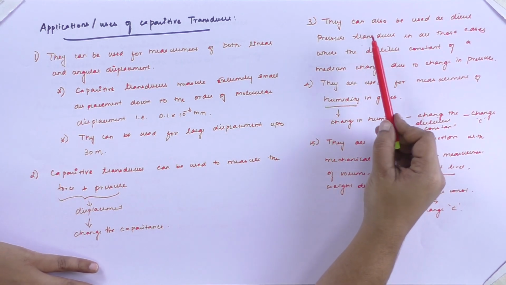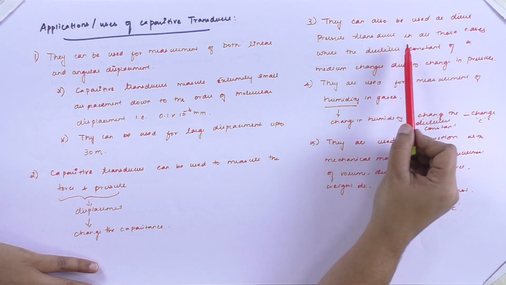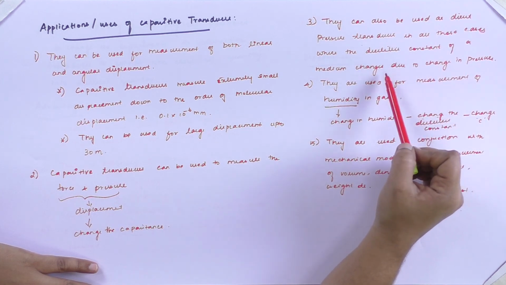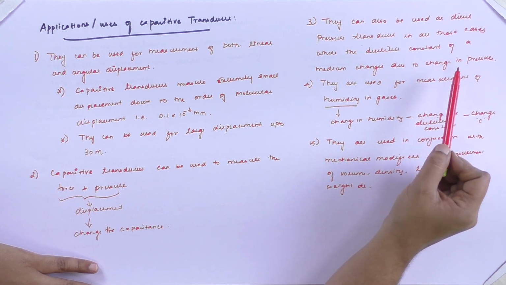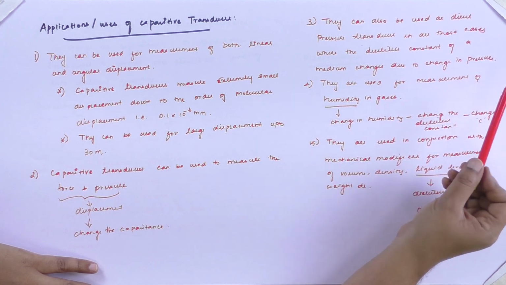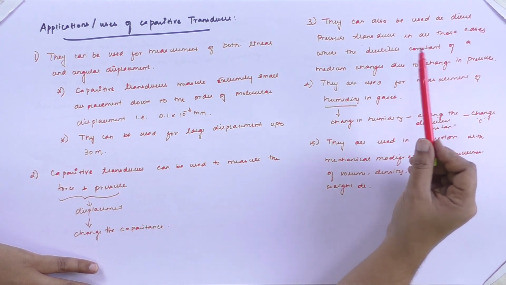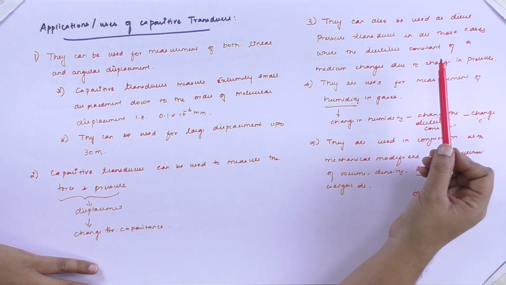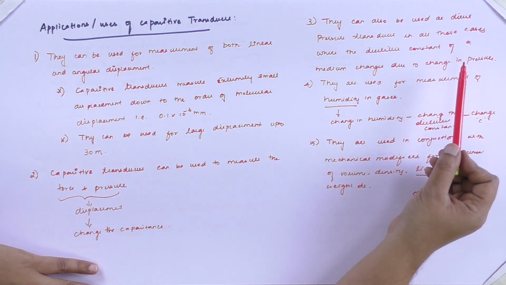And third one, it can also be used as direct pressure transducers, where the dielectric constant changes due to change in pressure, which in turn changes the capacitance value.